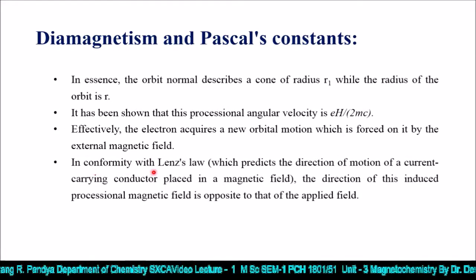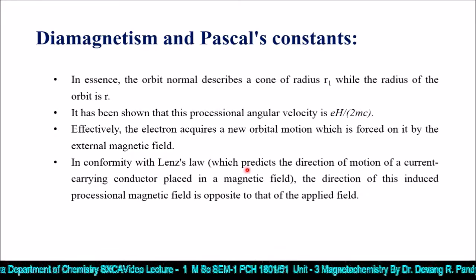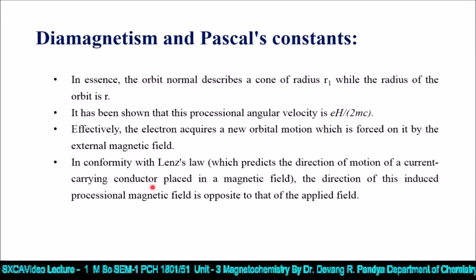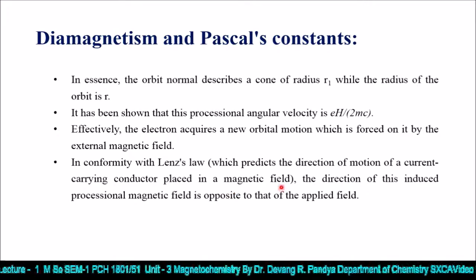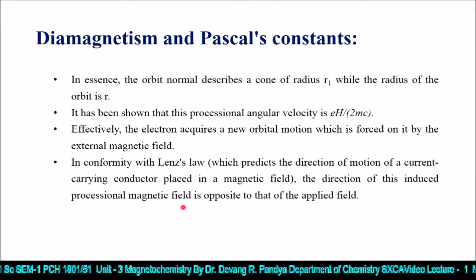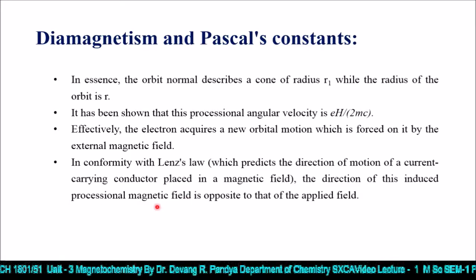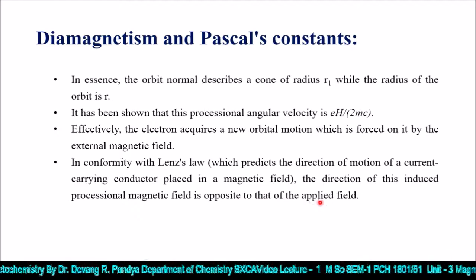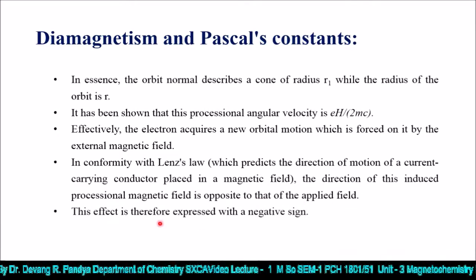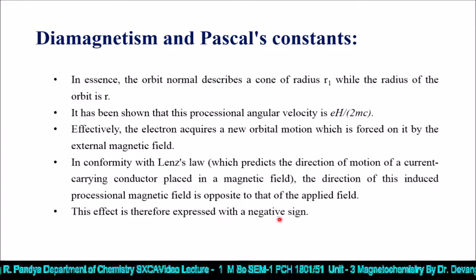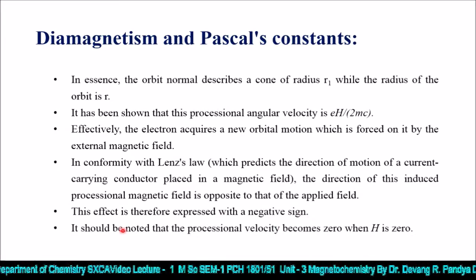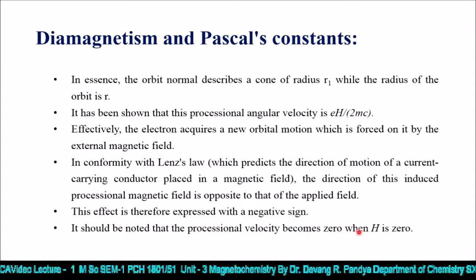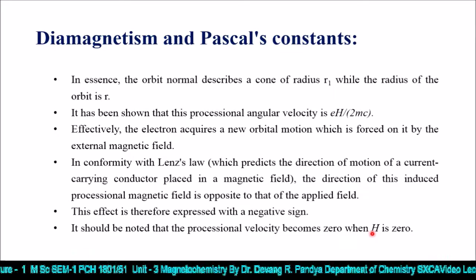In conformity with Lenz's rule, the direction of this induced precessional magnetic field, that is, the field on the applied direction, is opposite to that of the applied field. This effect is therefore expressed with a negative sign. It should be noted that the precessional velocity becomes zero when the applied field is zero. That is obvious.